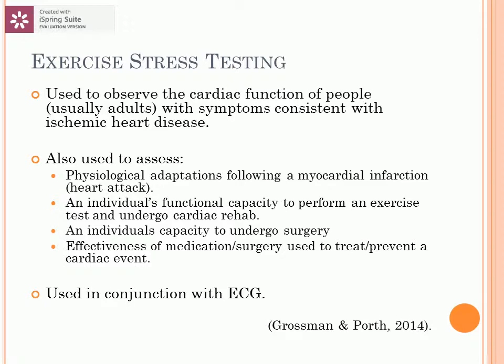It's used to assess an individual's functional capacity to perform an exercise test and undergo cardiac rehabilitation, an individual's capacity to undergo surgery, and the effectiveness of medication or surgery used to treat and prevent a cardiac event. It's also quite useful for determining whether a person is fit to go back to work after a cardiac event, and it's used in conjunction with ECG. So we need the ECG to pinpoint where, for example, ischemic changes occurred.